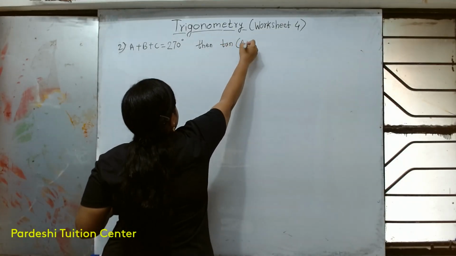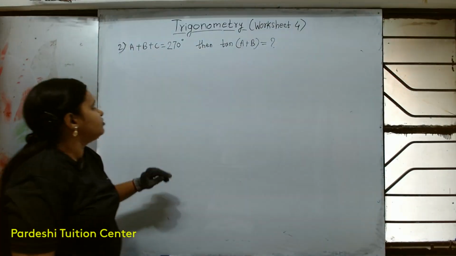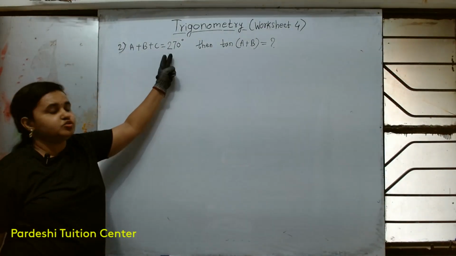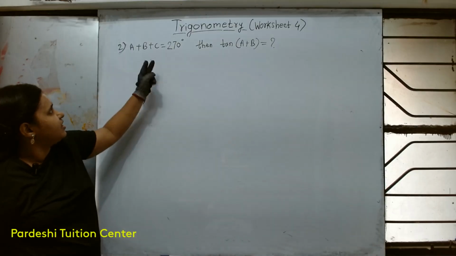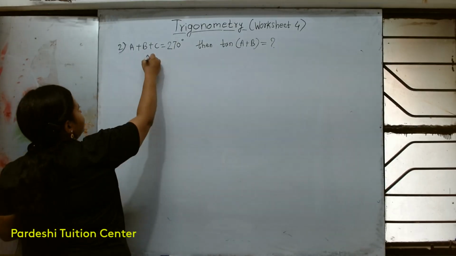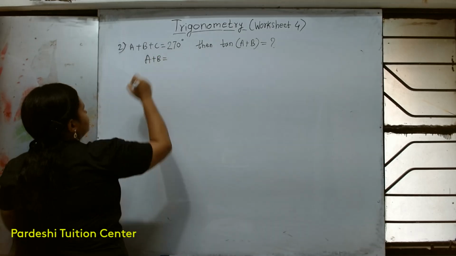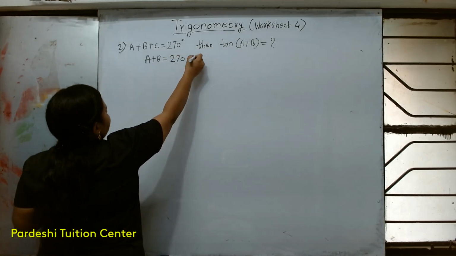Tan of (a plus b) is asked. Now a plus b plus c equals 270 degrees, it is given. Can we take out the value of a plus b from this? Yes, we can. A plus b equals, if I subtract c from both sides, 270 minus c.